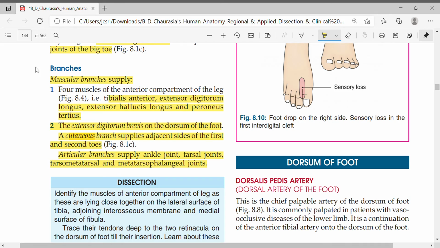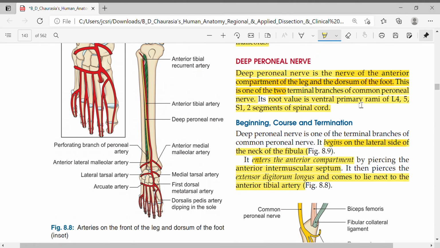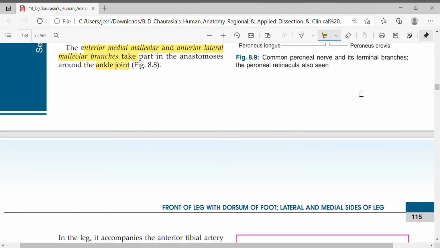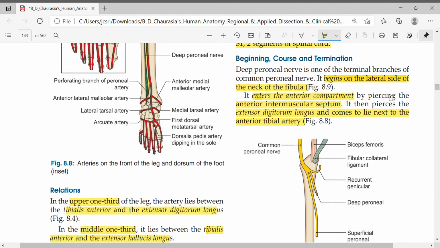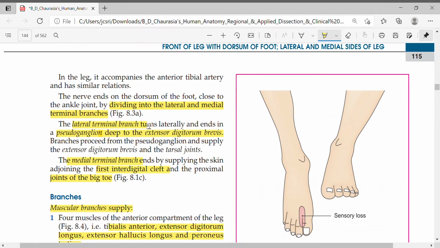Okay, so to summarize, the deep peroneal nerve is from the common peroneal nerve, L4, L5, S1 and S2, and it is the anterior compartment nerve. It starts from the lateral side of the neck of the fibula and terminates as two terminal branches, medial and lateral. It enters the anterior compartment by the neck of the fibula, pierces the anterior intermuscular septum, pierces the extensor digitorum longus and comes to lie next to the anterior tibial artery. Next, it divides into lateral and medial terminal branches.